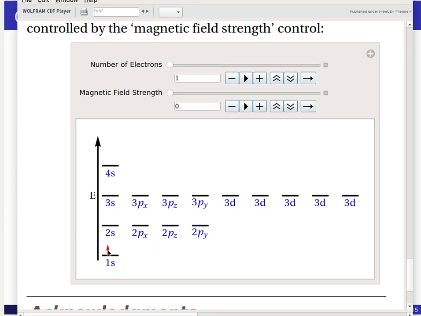So right now we're starting off with just a single electron corresponding to a hydrogen atom. So we can see, according to the Aufbau principle, we're going to put that electron right down there in the 1s orbital. Now, if we put in a second electron, as we saw before, we are going to again follow the Aufbau principle and put that electron in the lowest possible energy orbital, which in this case would be the 1s orbital. But now watch what happens.